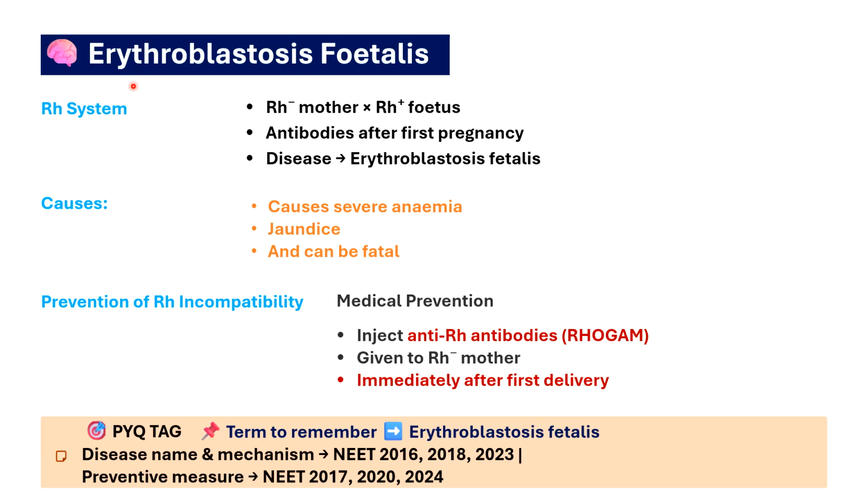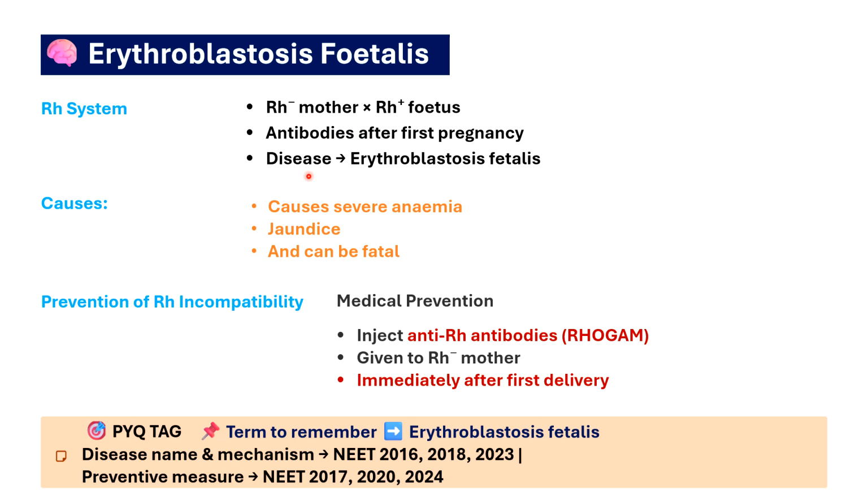Now, I told that Erythroblastosis Foetalis is a condition in which an RH negative mother carries an RH positive fetus. When are the antibodies secreted? Very important. Antibodies are not secreted when the mother is carrying the baby during the first pregnancy. They are secreted after the first pregnancy, during the delivery process, when the fetal blood mixes with the blood of the mother.